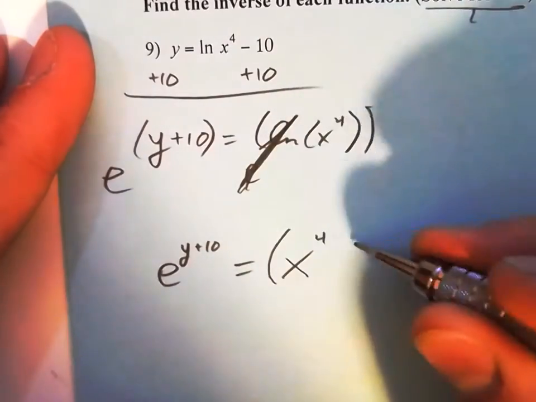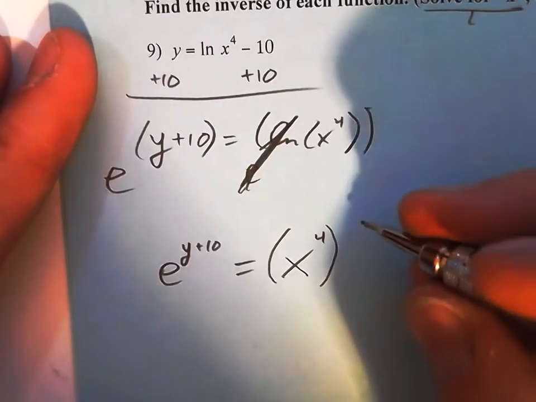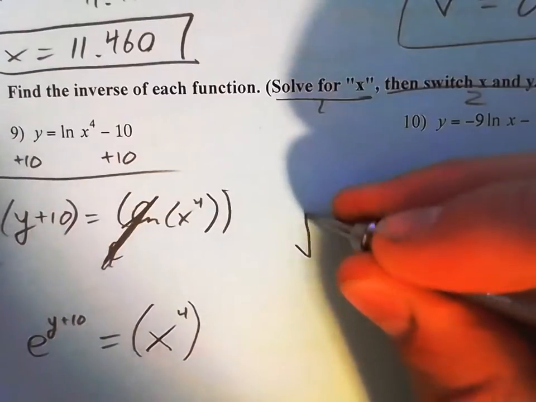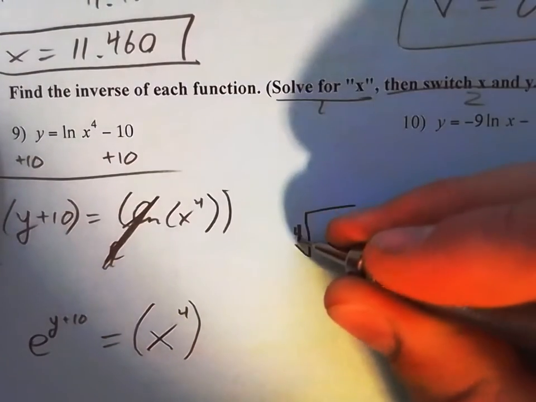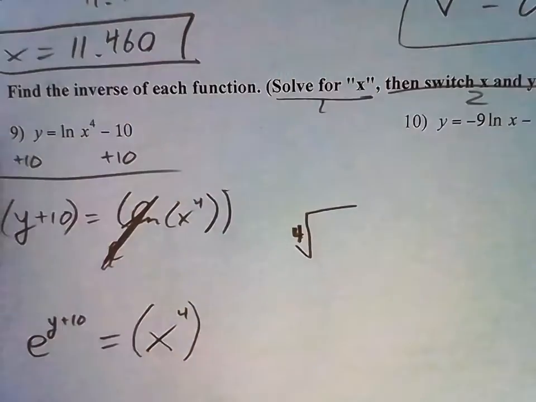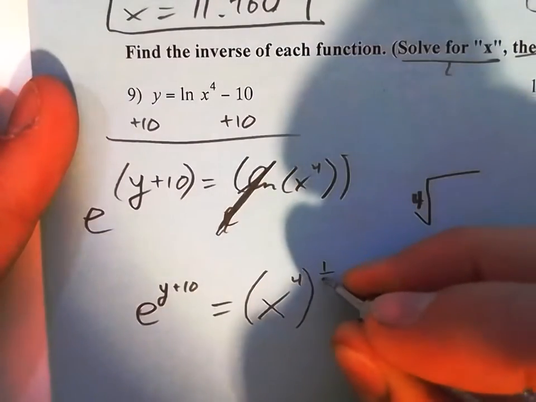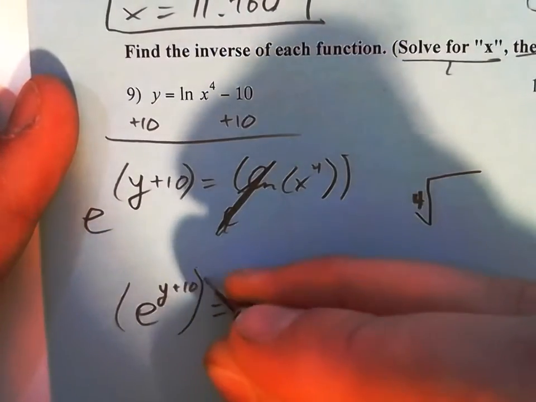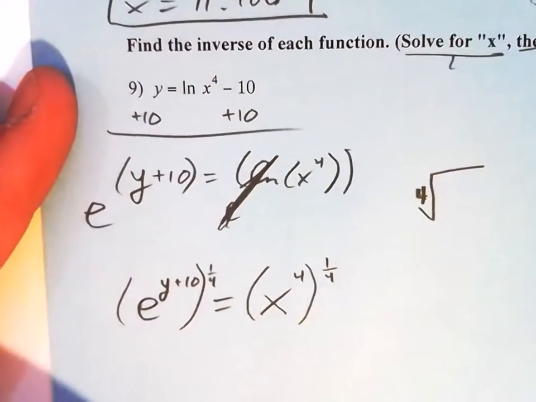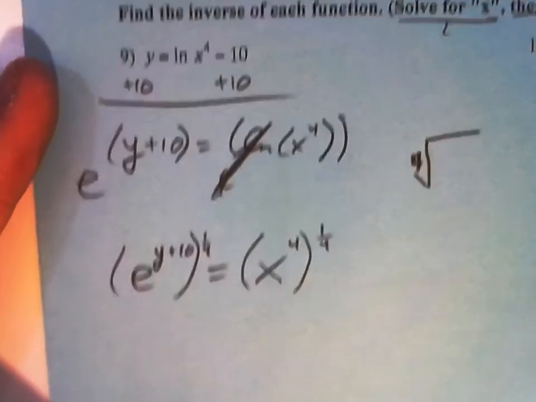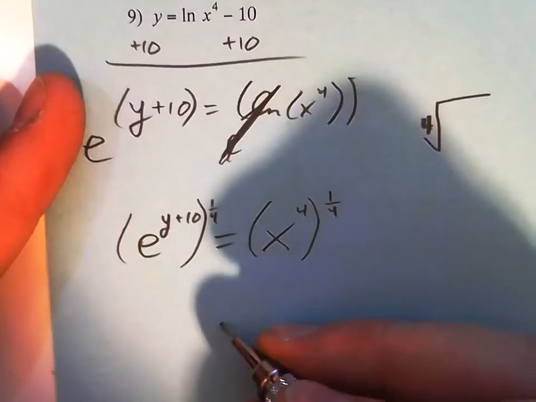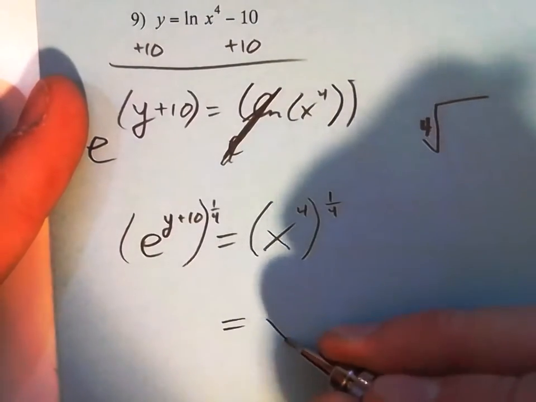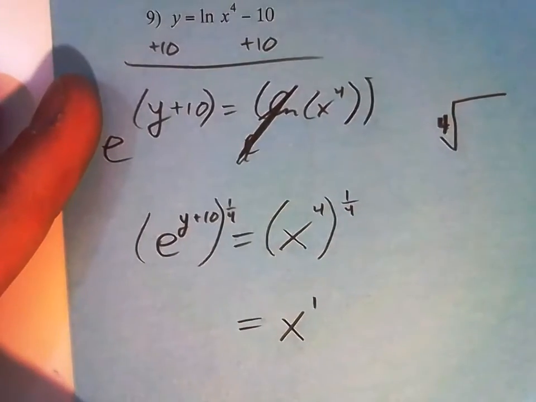Okay, now you could say we're taking the 4th root, or equivalently, meaning it actually means the exact same thing, we're going to do the 1/4 power of both sides. Now I'm just going to be careful here. 4 times 1/4 equals 1, so that's just x to the 1.